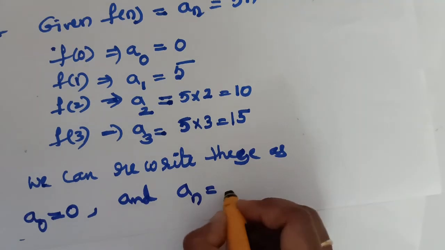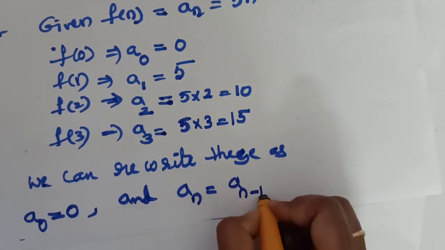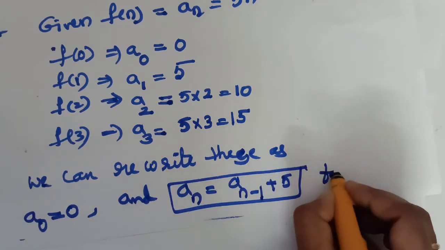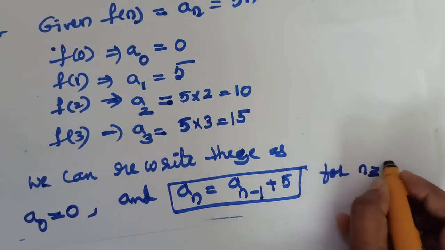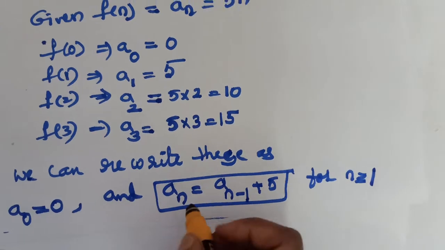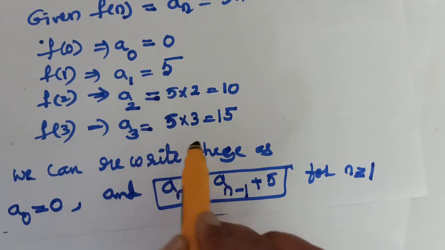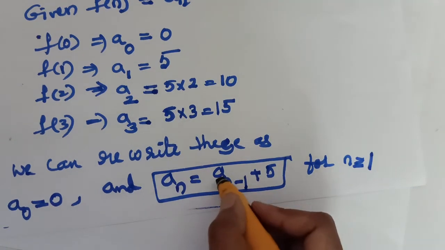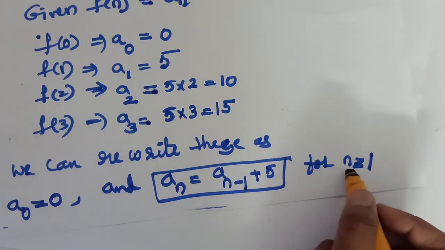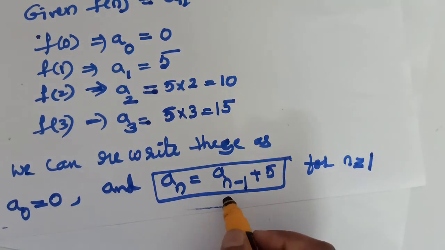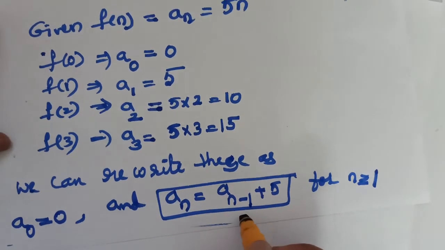An as an minus 1 plus 5 for n greater than or equal to 1. So this is the recursive definition of the given f of n.